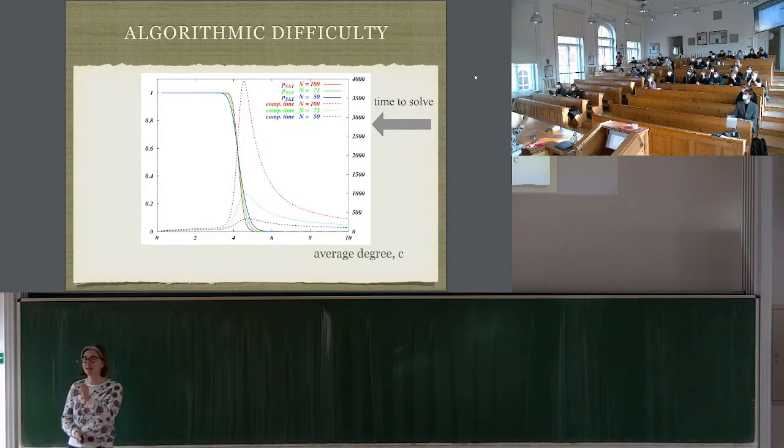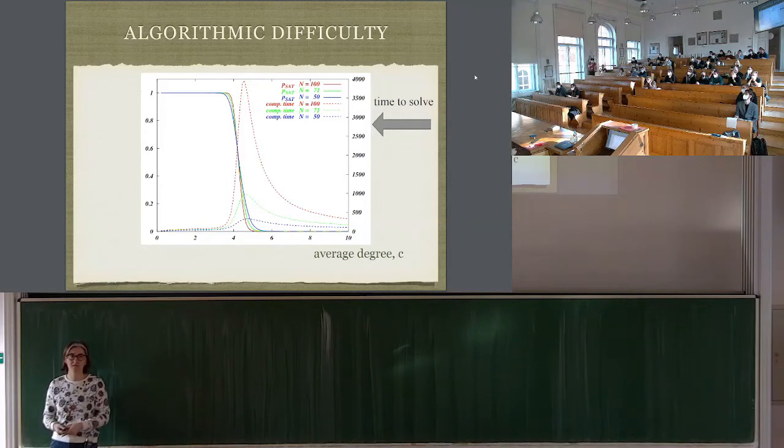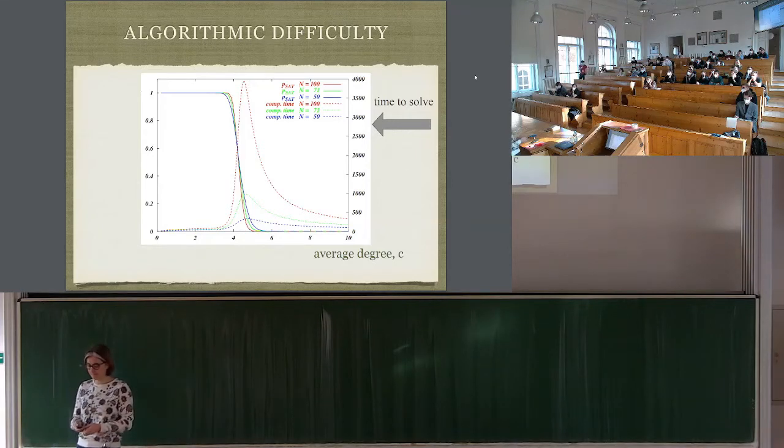And you see that the time is very big around that phase transition. It takes a really long time to decide whether the graph is colorable or not around the phase transition. And that is exactly the analog of this critical slowing down. Here, instead of the physical dynamics being slow, it translates into you needing a really long time to solve this computer science problem.